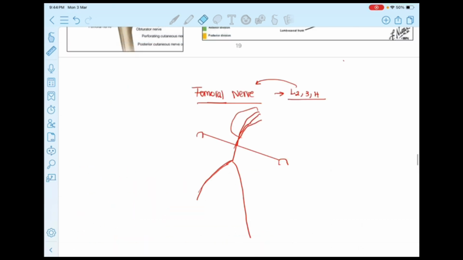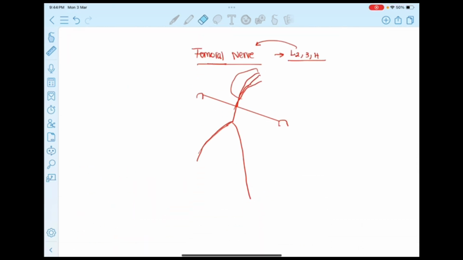So if we want to go back to the other parts of the femoral triangle, we know two more very important ones. We have the vein, that is the most medial, other than the femoral canal, which is the most medial, but medial in comparison to the femoral nerve.